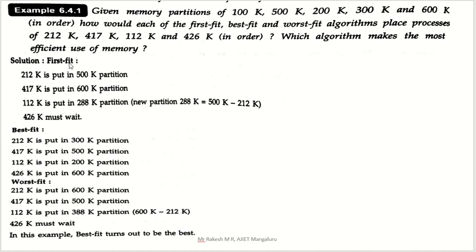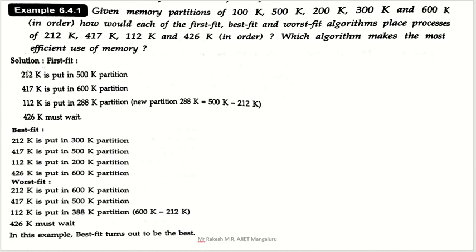First fit method. Again, these are the pages and these are the frames, and we have to put pages inside frames. First fit means big enough: we just put the pages inside memory, in a frame, in order. Take the first one, 212.